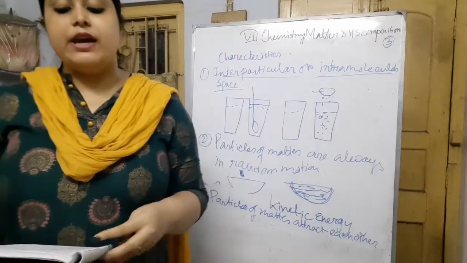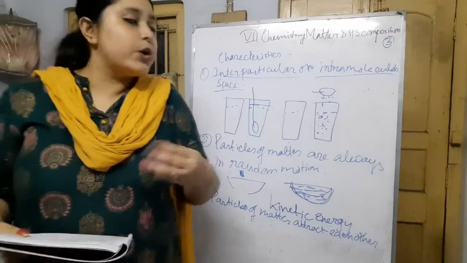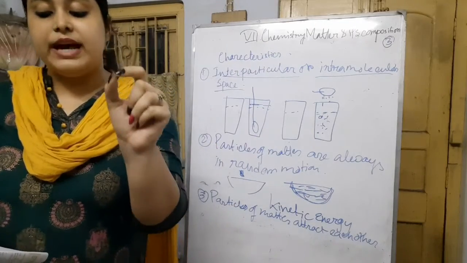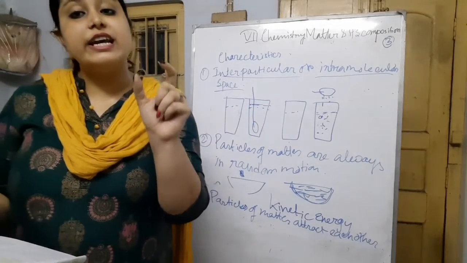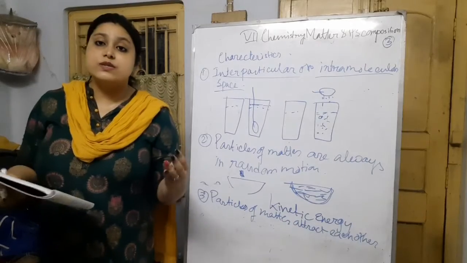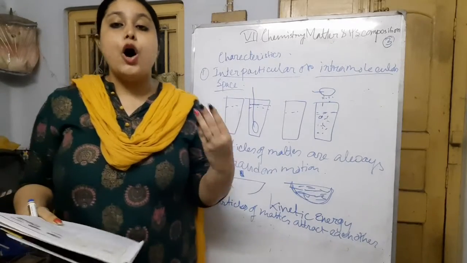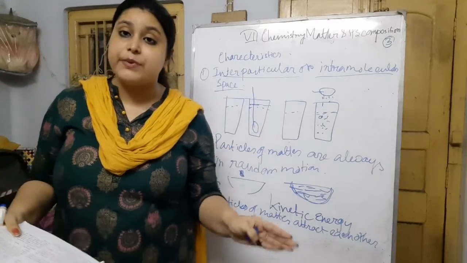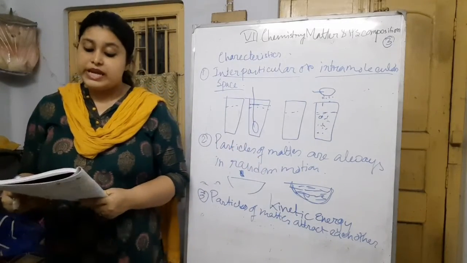In the same way, if we take some water and throw it, you will see that the falling droplets of water have a spherical shape. We can't separate the molecules so easily.